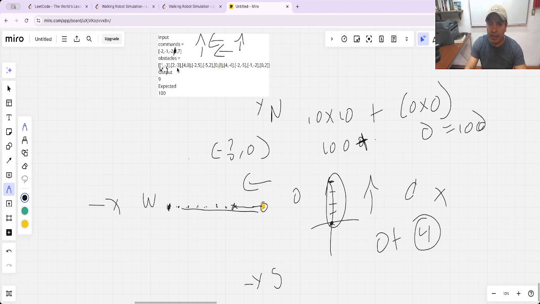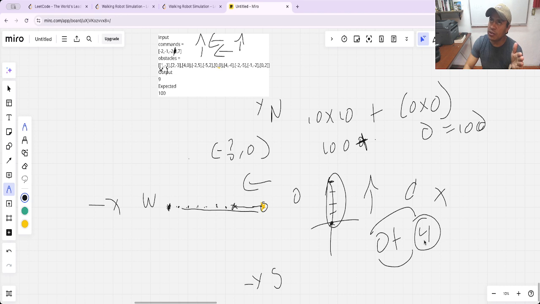But what happens with this obstacle? Yesterday I had the idea, okay, validate this option. If you don't find any obstacles here, only add 0 plus 4.